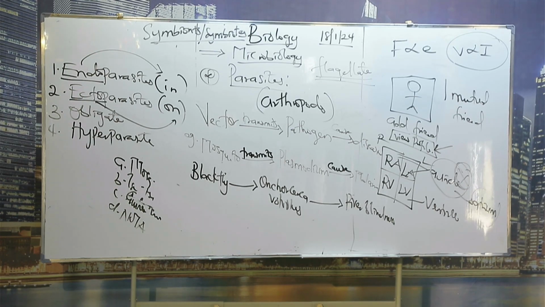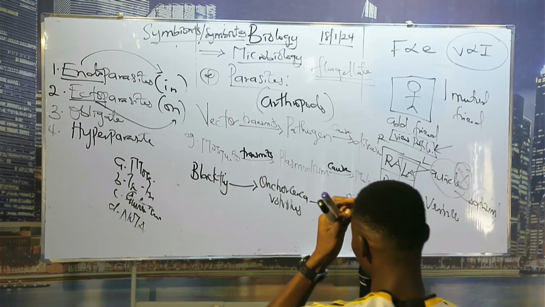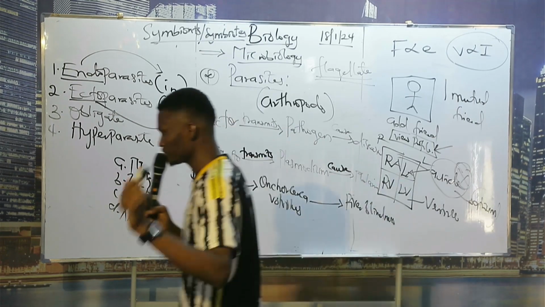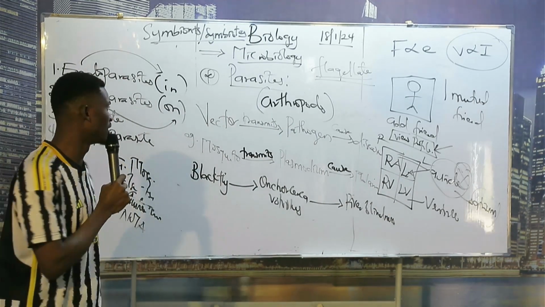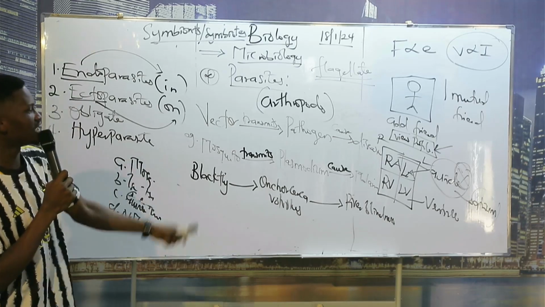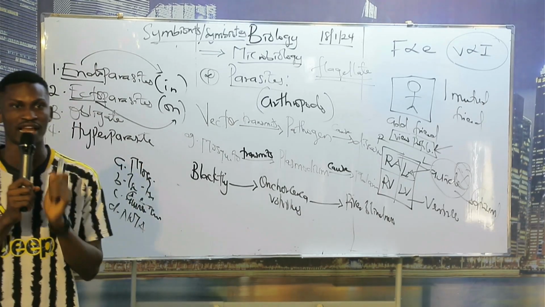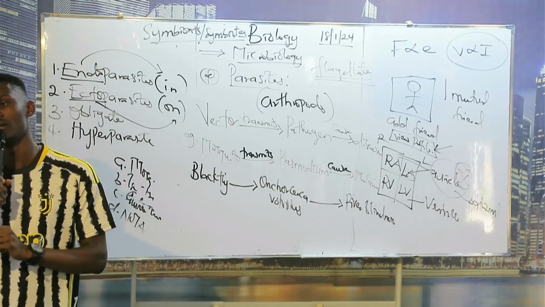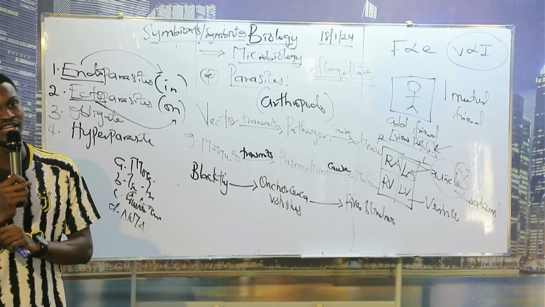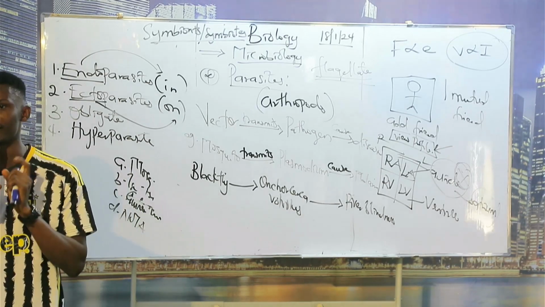The second one is called Onchocerca volvulus. So, we are coming to that later. Now, this river blindness is usually confused with another illness called night blindness. Night blindness is caused by deficiency of vitamin A.